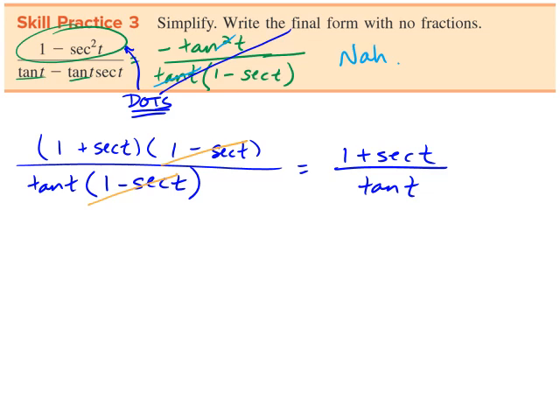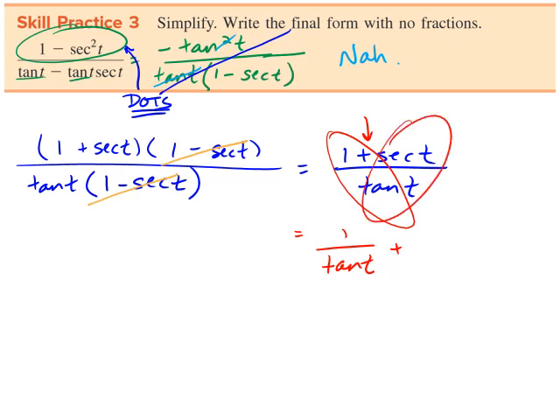Okay, well, here I can rewrite this as two separate fractions, and I refer to it as the heart method. So I can write this as 1 over tangent of t, plus, and then write a second fraction of secant of t over tangent of t.